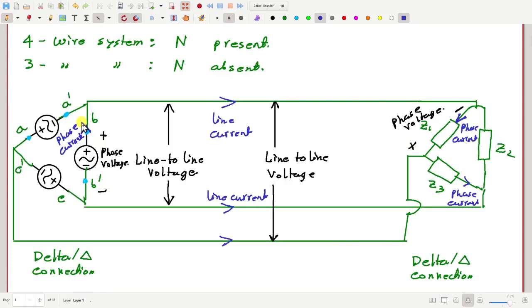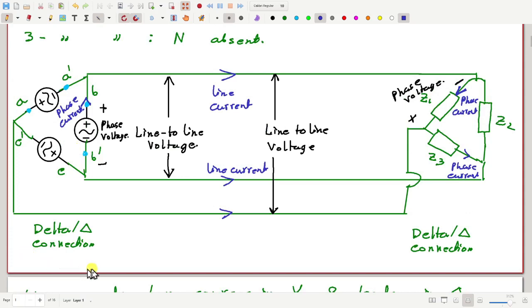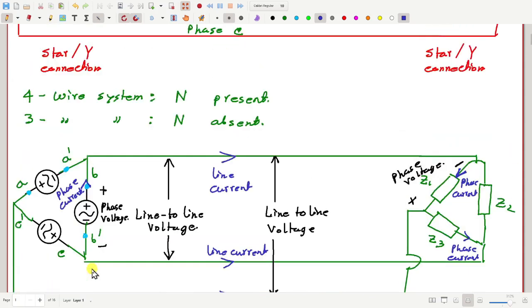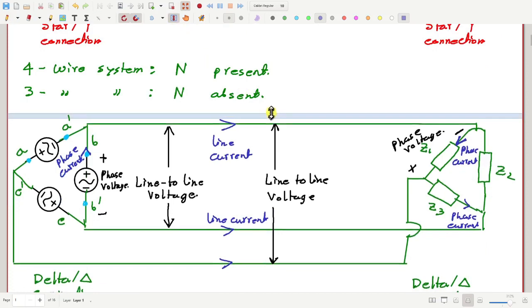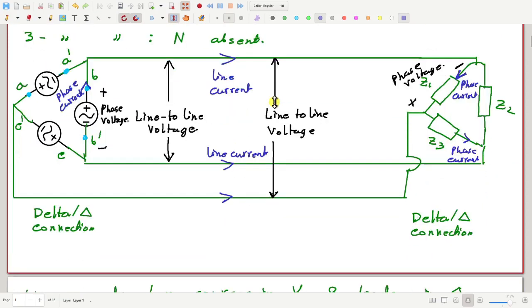Now there are two possibilities. Suppose the voltages VA, VB and VC are all equal, and the three voltages are 120 degrees apart.